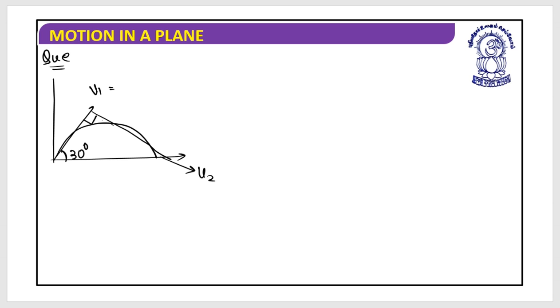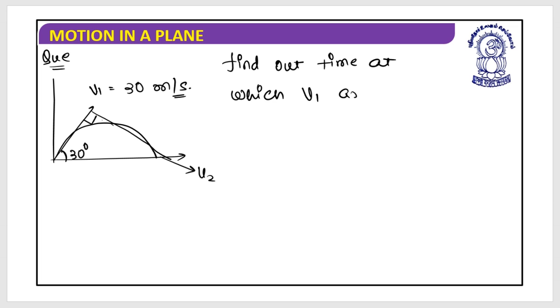This velocity v1 is 30 meters per second. They ask us to find the time at which v1 and v2 are perpendicular to each other.